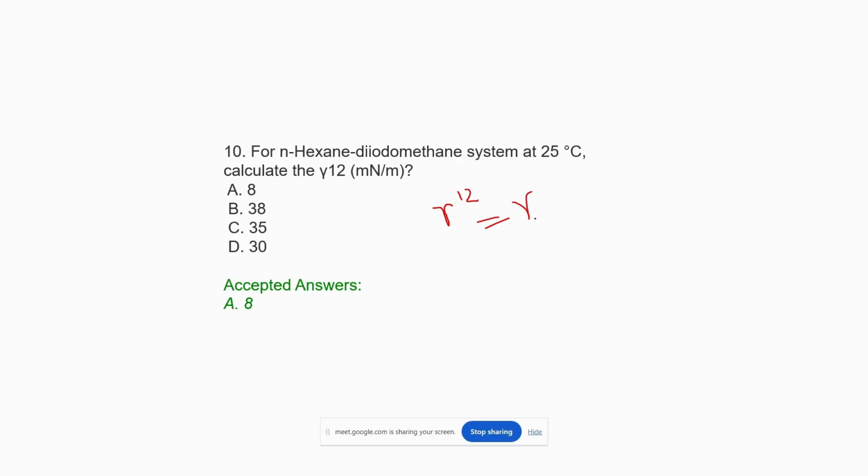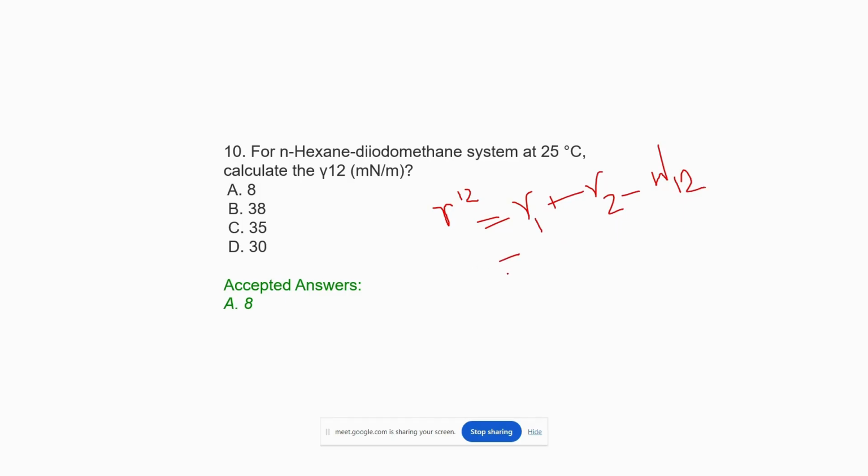gamma 1 plus surface tension 2 minus work done 1, 2.